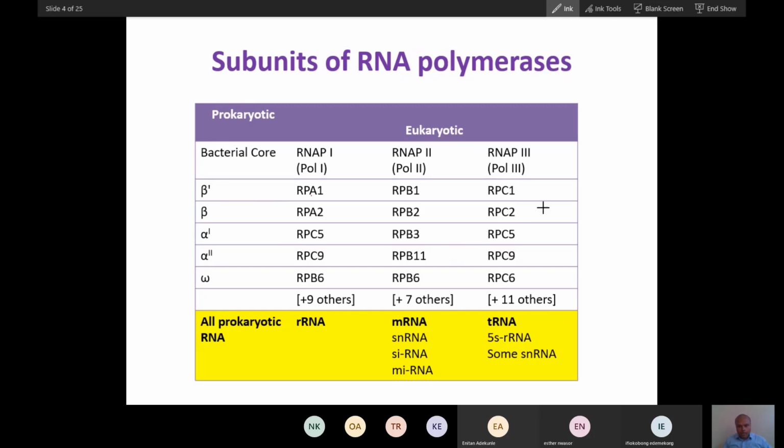These are the polymerase sets. Eukaryotic RNA polymerases are of 3 types, for production of different RNAs, while prokaryotic RNA polymerase is only one for all RNAs. And this eukaryotic RNA polymerase has more subunits in comparison to bacterial RNA polymerase.